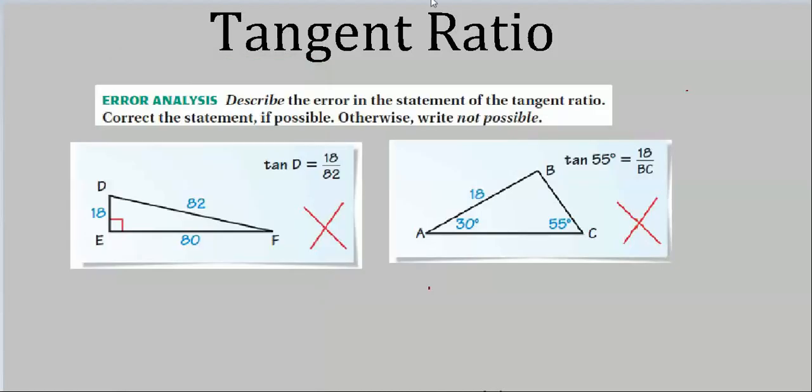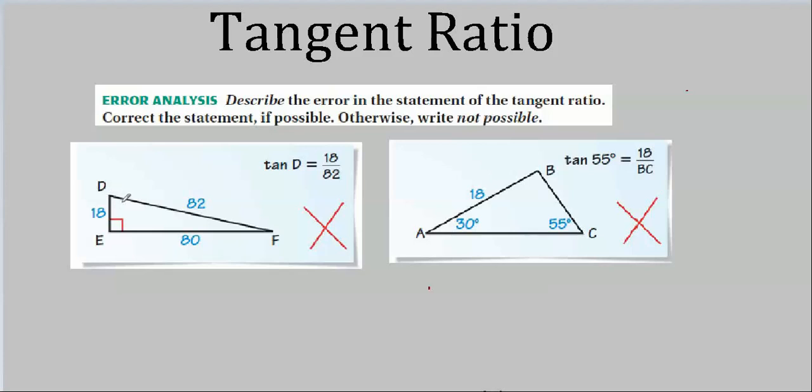So let's work some problems using the tangent ratio and see how it works out. What have we got here? Oh, and these are a couple of problems where it looks like postal employees have now taken up trigonometry. Let's see how they do. Tangent of d equals 18 over 82. Well, let's see here. Here's d. Opposite.